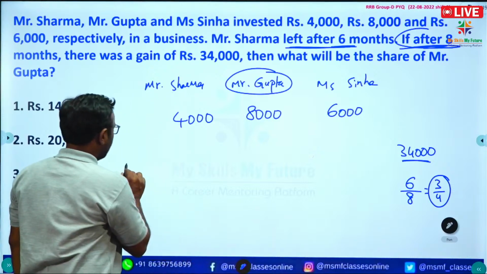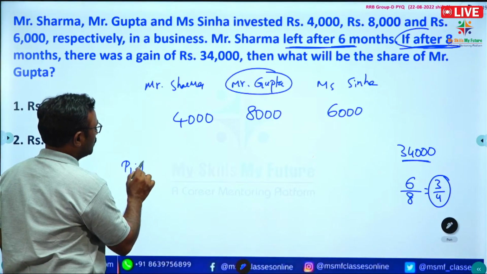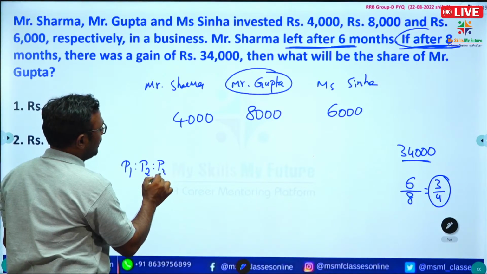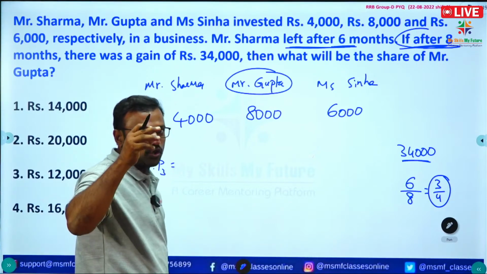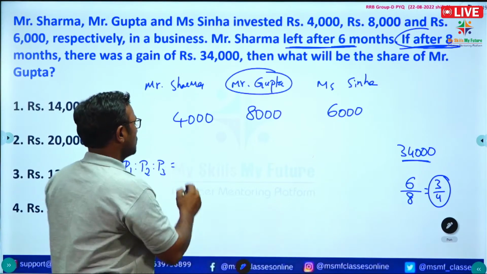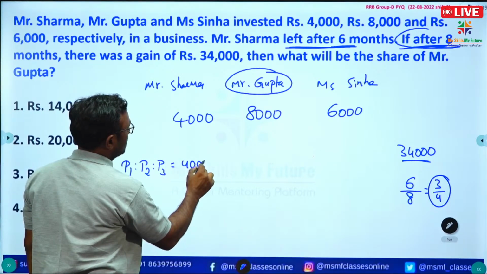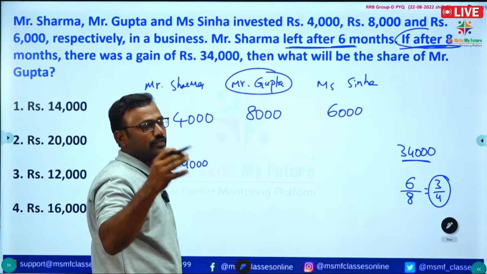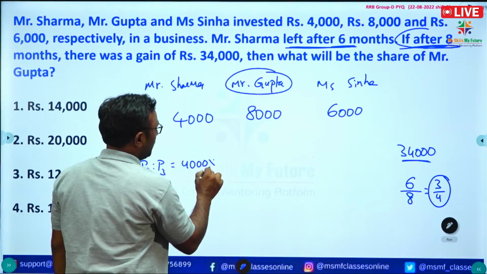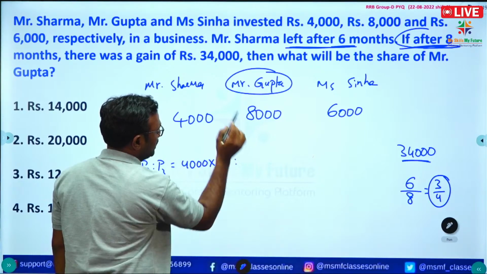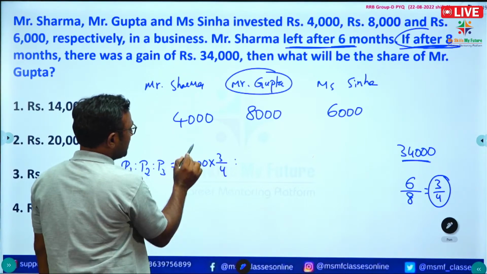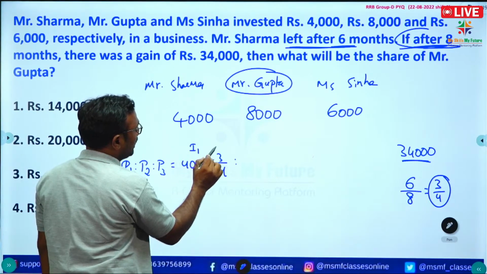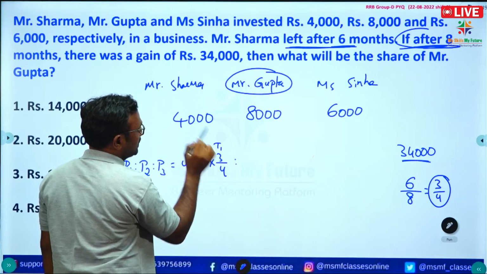So the profit ratio can be calculated by using investment into time. Here the investment of Mr. Sharma is 4,000, and he is in business for 3/4 of the time period. So this is the investment and the time period of Mr. Sharma.